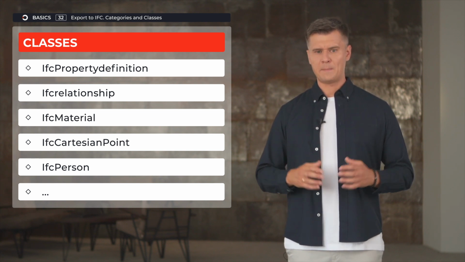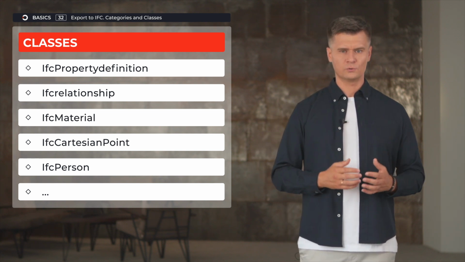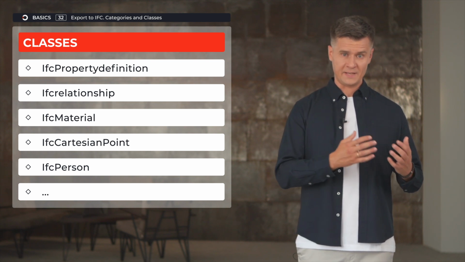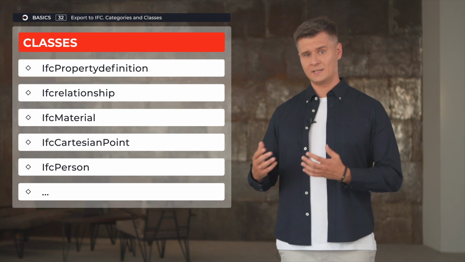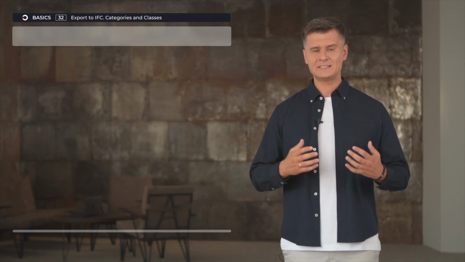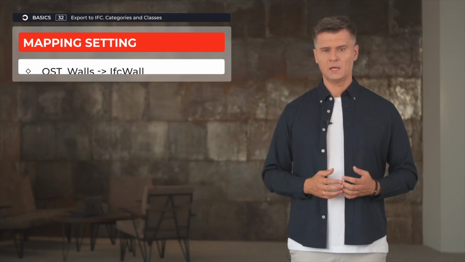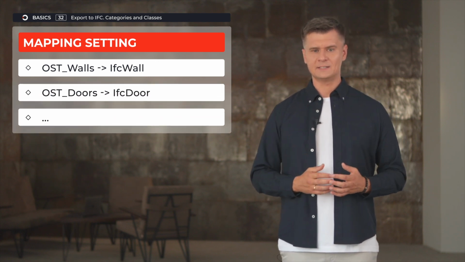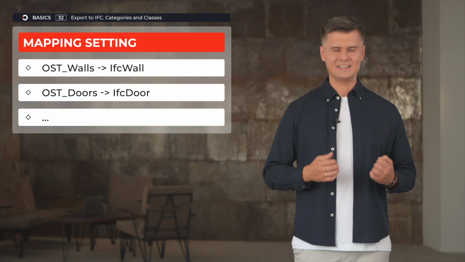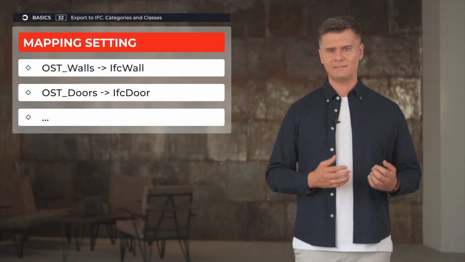All the classes may be divided into two groups, the ones that inherit IFC root class and the ones that do not. Establishing proper mapping between IVT categories and IFC classes is probably the key task for proper IVT to IFC export.